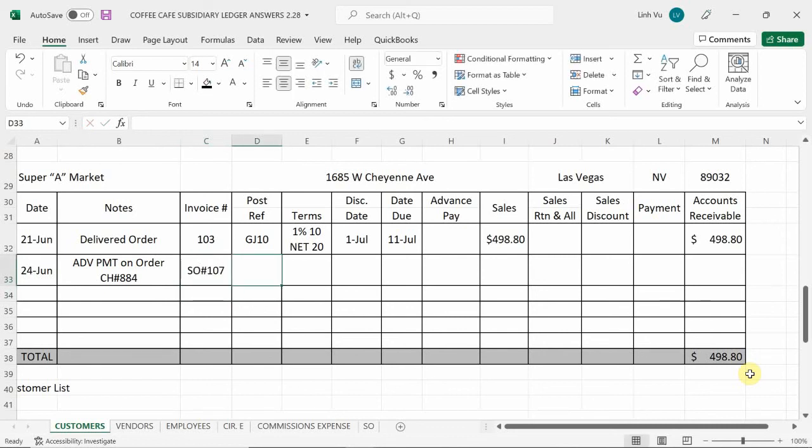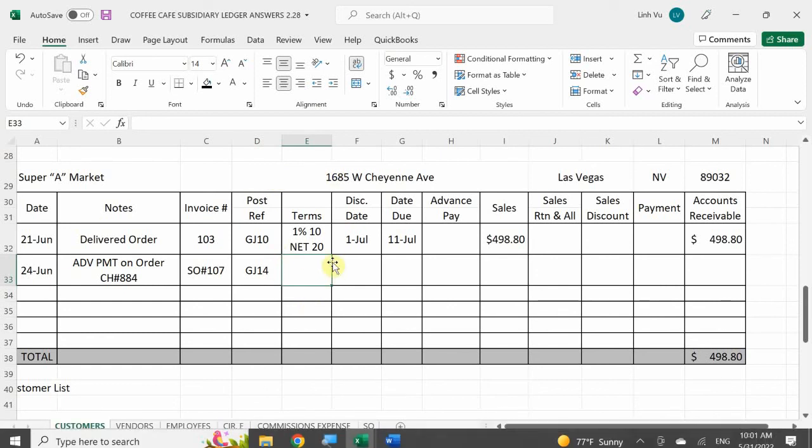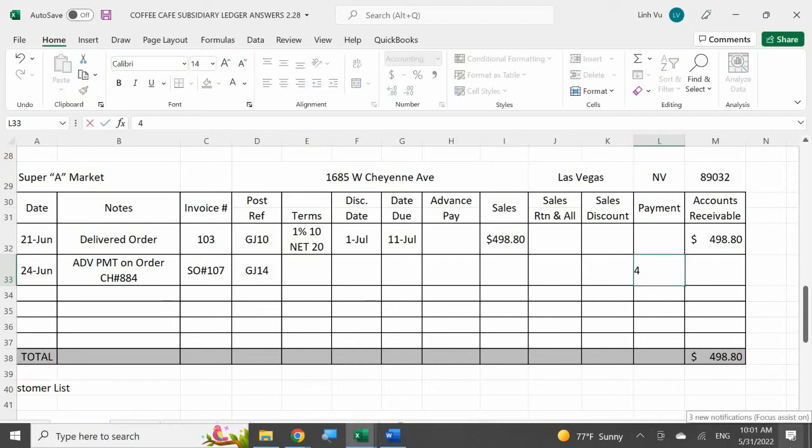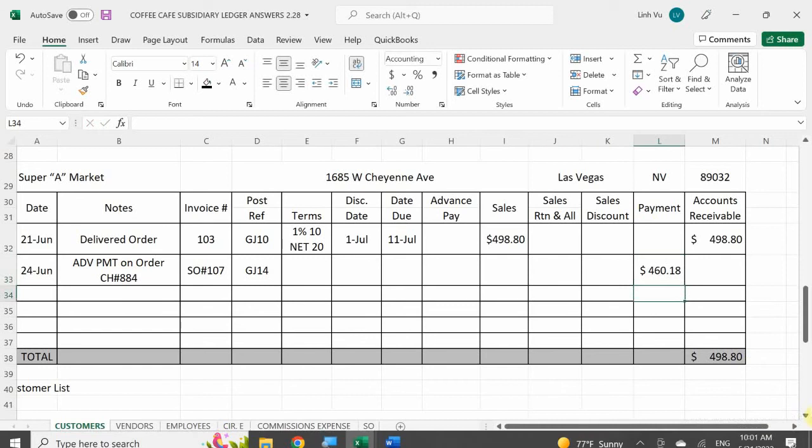Okay, because we haven't issued the invoice yet, so there is no invoice yet. Right, and advance payment on order. Okay, so again, we haven't established terms yet. All we know is that they made a payment to me. Now, watch this. If I go ahead and just put that they made a payment for the 460 and 18 cents, right?